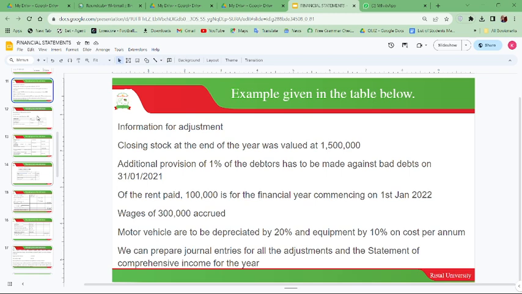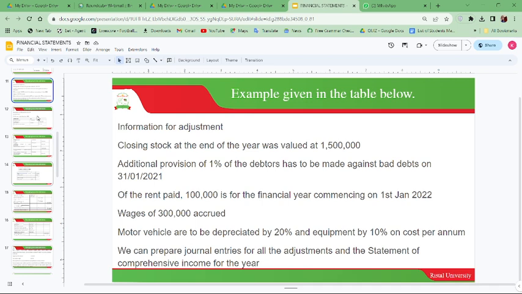So let's look at this: motor vehicles are to be depreciated by 20% and equipment by 10% on cost per annum. What is depreciation?